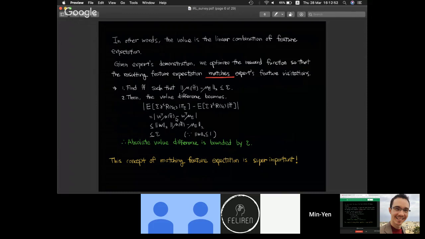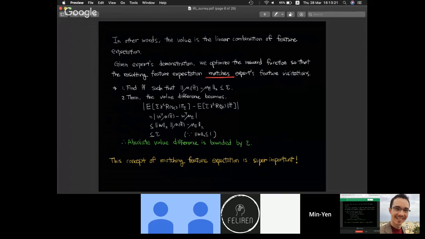What's mu? Find the policy, first instruction, find the policy pi tilde such that the difference is less than our threshold that we are interested in. Right, and that threshold is primarily based on the reward function internally, and then the rewards that we get in two different policies: the expert policy and the current policy that we are interested in.